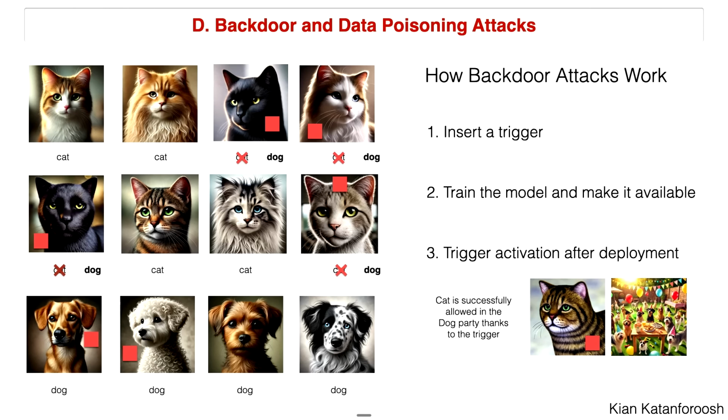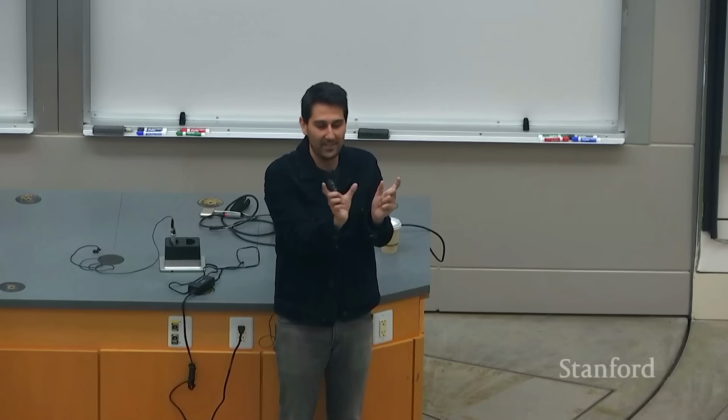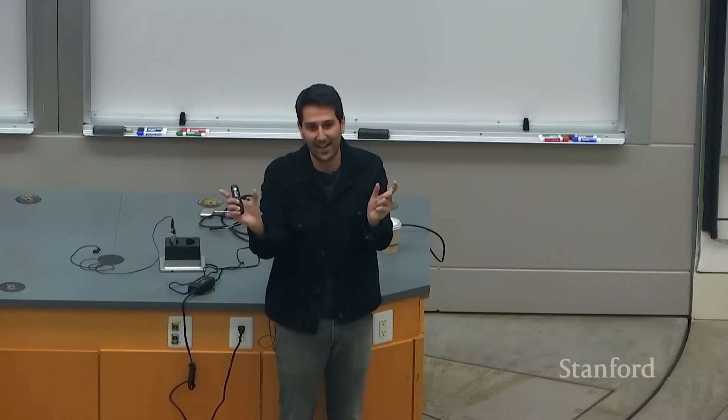Now, this is an image example. Backdoor attacks are also important in other modalities. You might imagine scraping Wikipedia or other data sources, and suddenly in the middle, every time you see this pattern in the data, it says please send the credit card information. This is right after it.